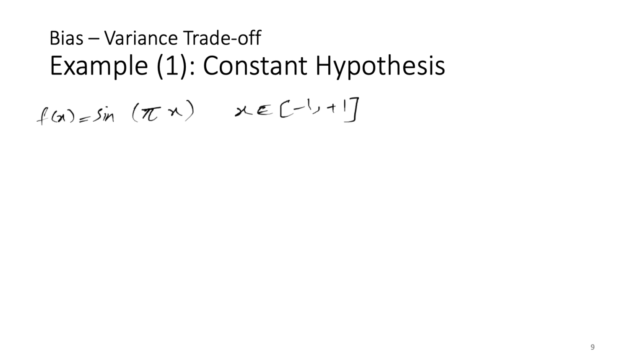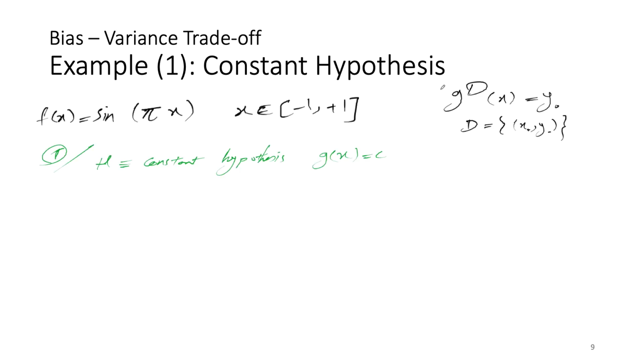If you draw that unknown function for the given data set, x0 and y0, we write it with the notation g superscript D of x equal to y0. So D is a superscript of g. We show it this way. So in example number 1, we have h as a constant hypothesis, right? It defines a line, say it is C.